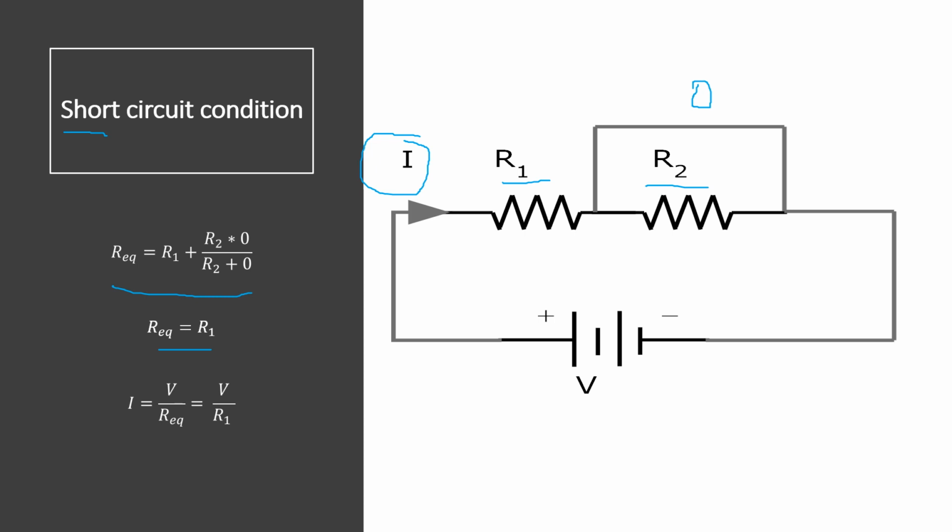So here current is taking this path instead of flowing through R2. Today we have learned two topics, open circuit and short circuit. In open circuit, the current cannot flow because the path is open, and in short circuit it is taking the path which has minimum resistance.